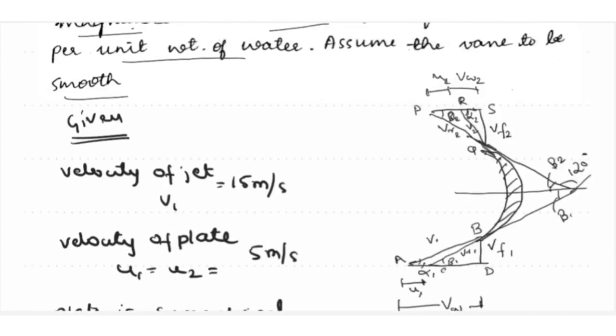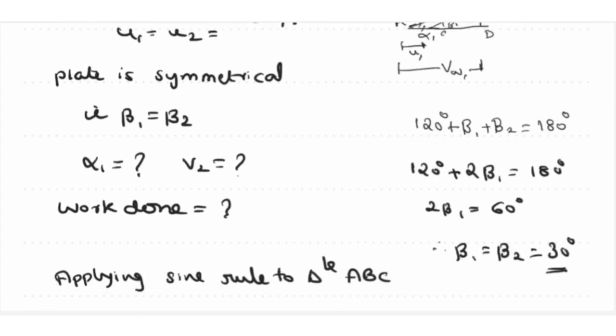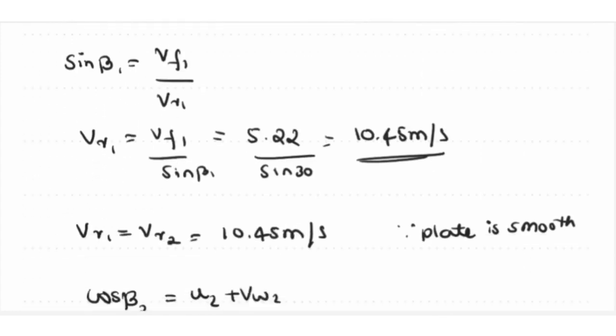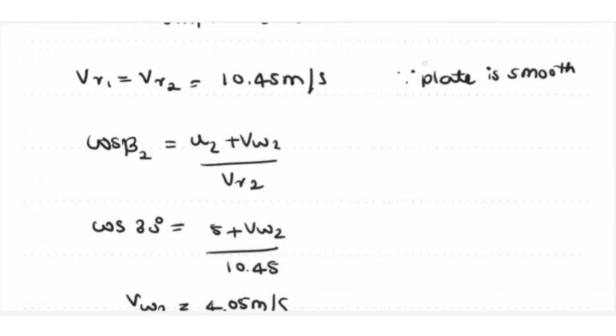So in the outlet triangle, now we know vw2. If we can calculate vf2, then we can calculate v2 very easily. So that is what I would like to explain here, the outlet triangle. I will draw.